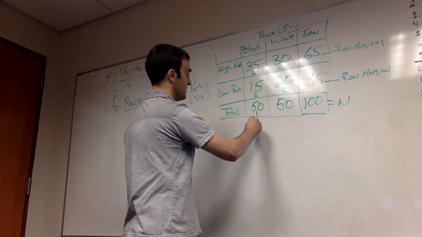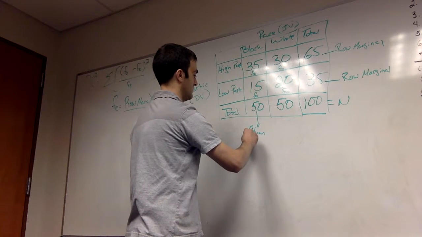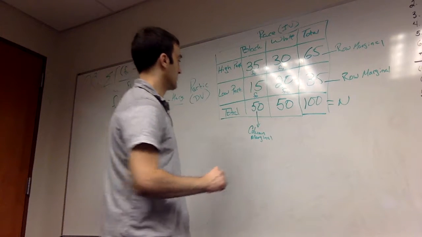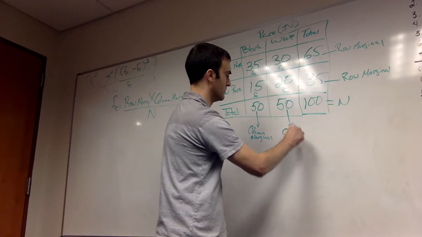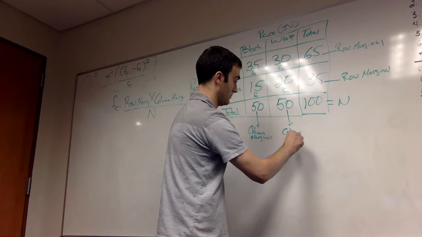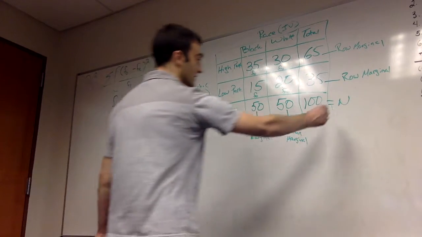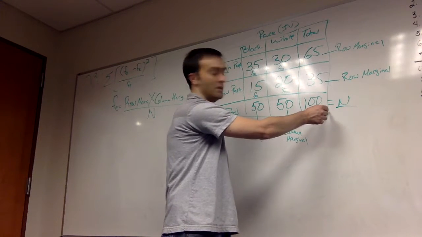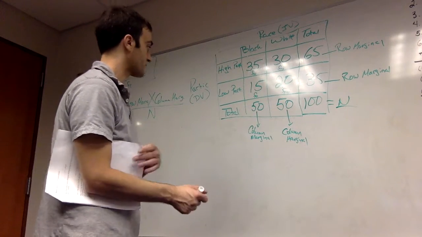So 50 is a column marginal for black, and this 50 is a column marginal for white. And N is the bottom right-hand corner, the total number of observations or people surveyed, and that's 100.